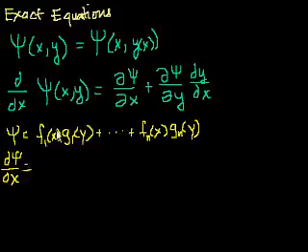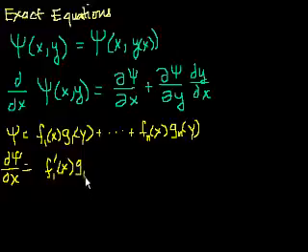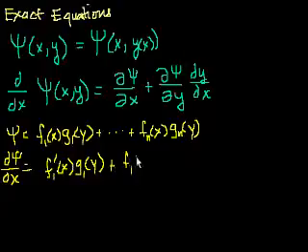The first expression, you take the derivative of that with respect to x, that's just going to be f1 prime of x times the second function, g1 of y. Now you add that to the derivative of the second function times the first function. So plus f1 of x, the first function, times the derivative of the second function.